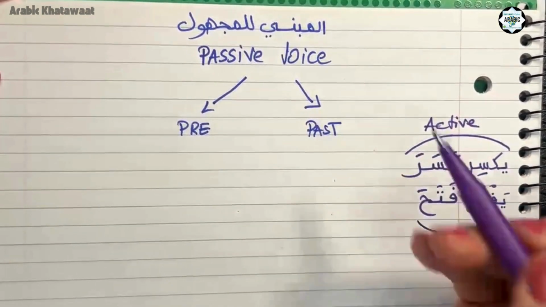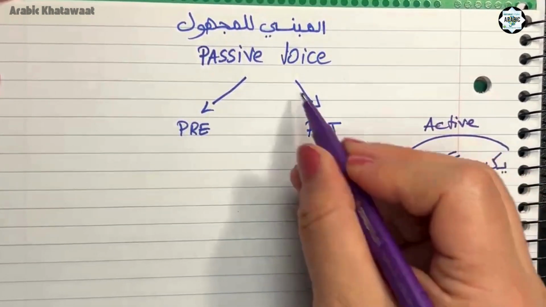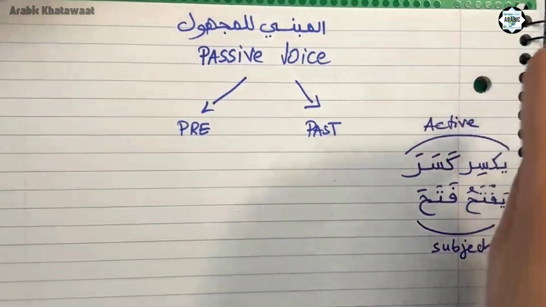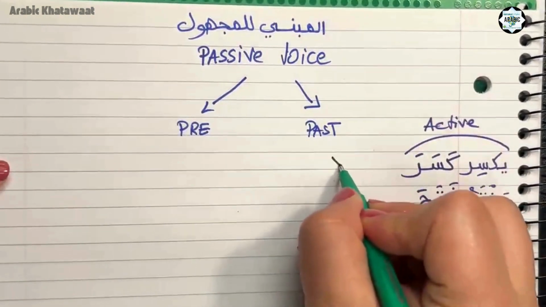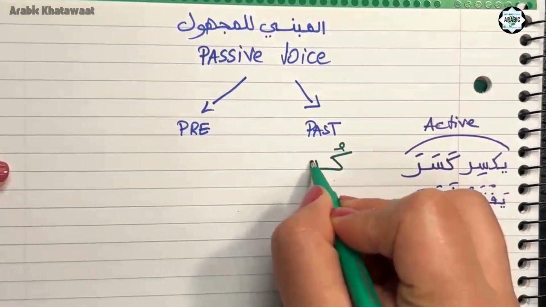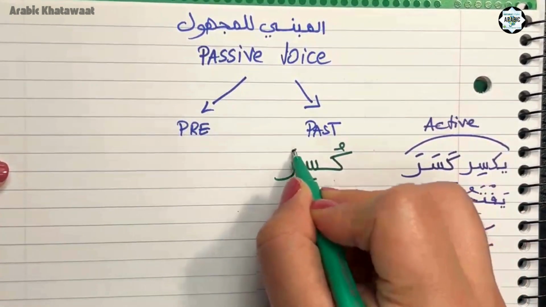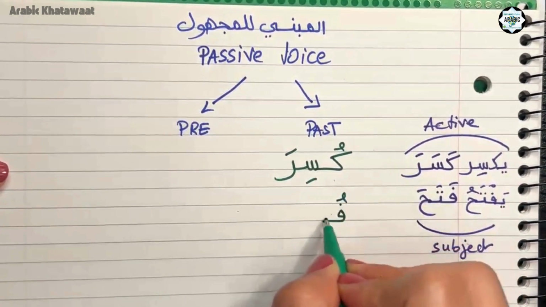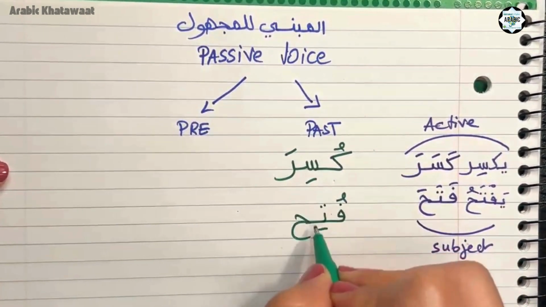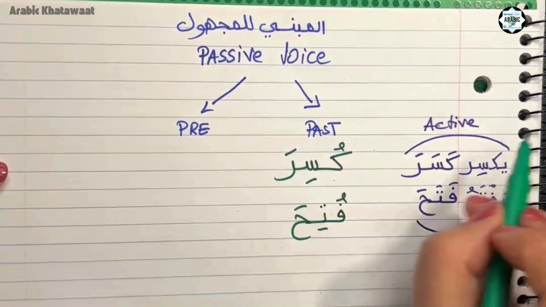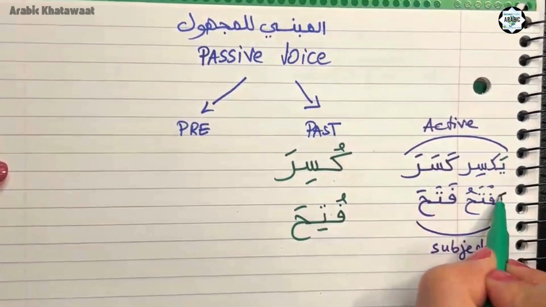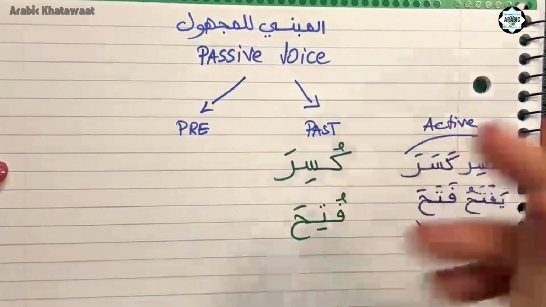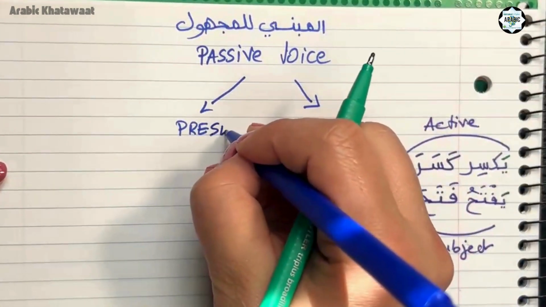المبني للمجهول, I do not have the subject like we learned earlier. So I would say kusira, and then I would say futiha. Similar to how we included the prefixes and suffixes in the active form, we would do the exact same thing in the present tense.